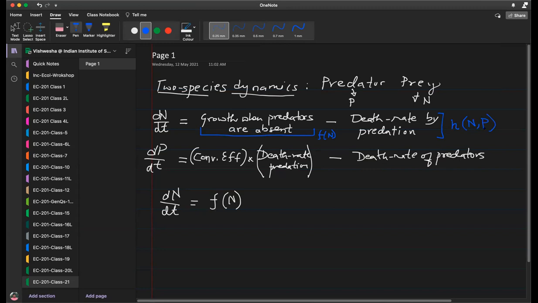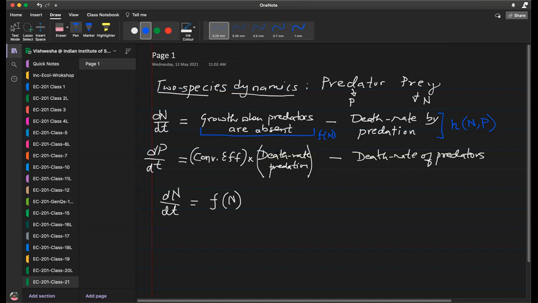A small doubt. For the prey, we assume f of n to be some sort of logistic growth, right? For the predator growth also, shouldn't we assume some kind of saturation? It is possible. You're absolutely right. There are two ways to write these equations. One needs to account for how the conversion actually happens between predators and prey.